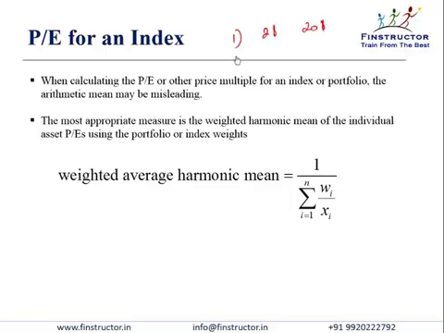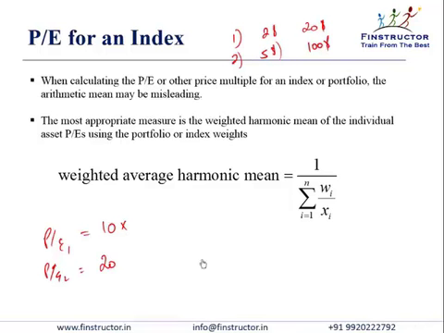And there's another stock with an earnings expectation of $5 and a price per share of $100. So the P/E ratio of stock 1 will come out to be 10 times. The P/E ratio of stock 2 will come out to be 20 times.